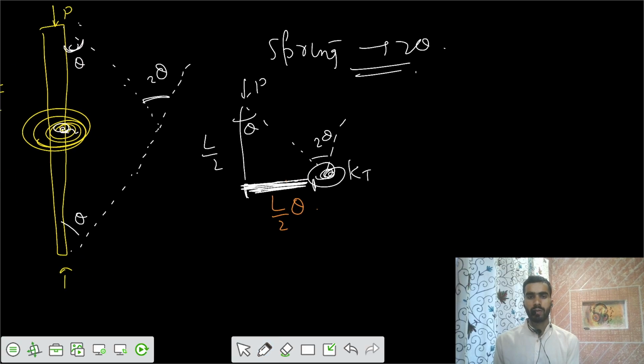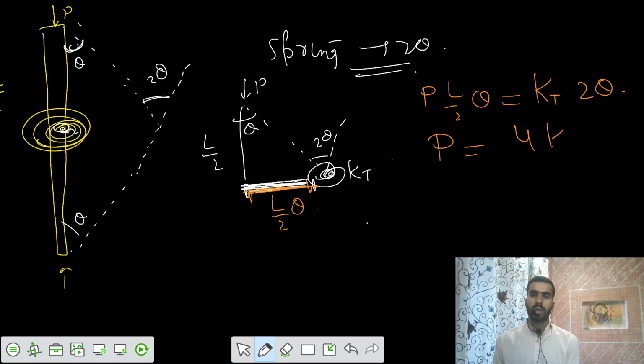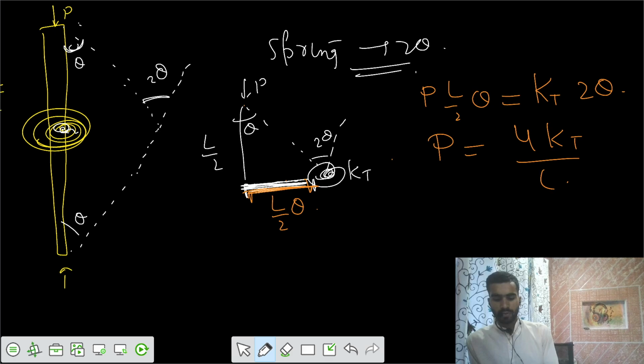Now if I write P times delta, because your delta equals L by 2 theta, that is equal to KT times 2 theta. So finally I would write P equals 4 times KT by L. So your PCR equals 4 times KT by L.